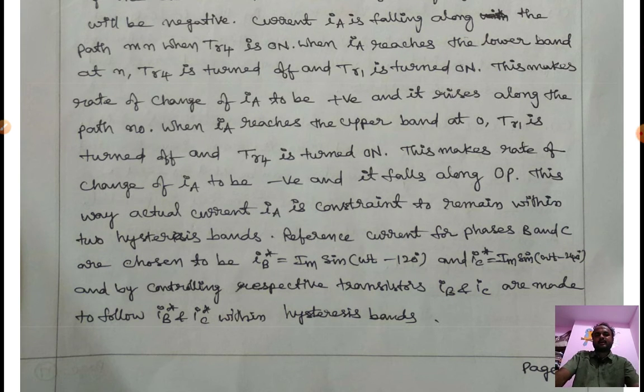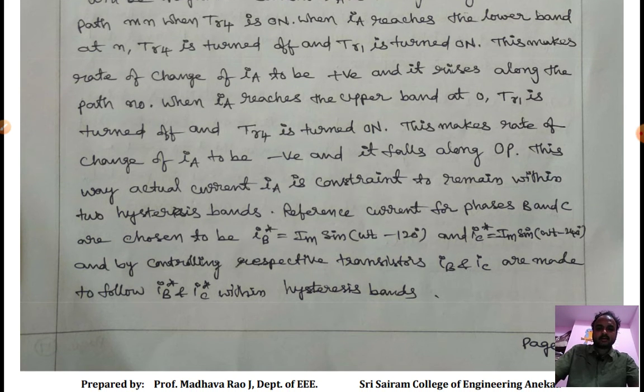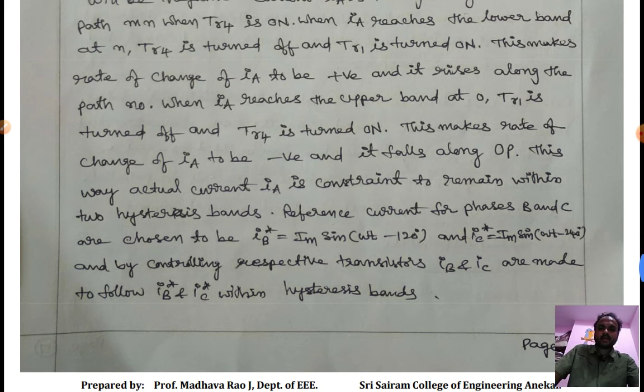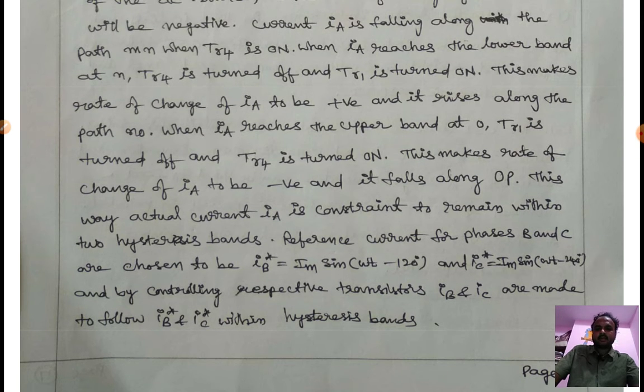The current IA falls along the path MN while TR4 is on. When IA reaches the lower band at N, TR4 is turned off and TR1 is turned on. This makes the rate of change of IA positive, and it rises along the path NO. When IA reaches the upper band at O, TR1 is turned off and TR4 is turned on.